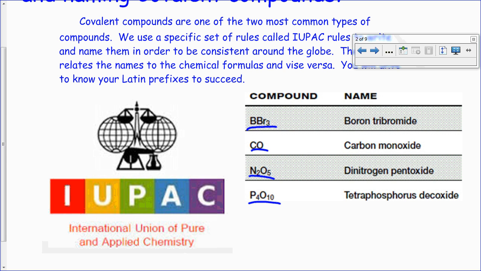For this one, we have a boron, and then the Br3. Well, we can see the bromide connection, but what about this tri? Tri has something to do with the number of them that we're talking about. So the names and the formulas are related, and that's what we're going to be learning about.